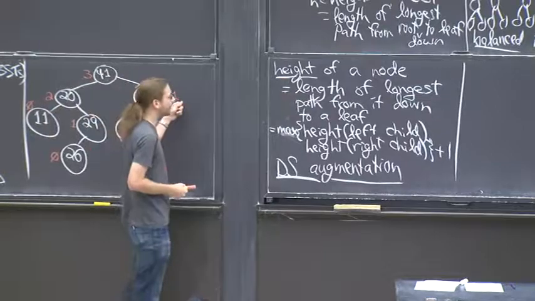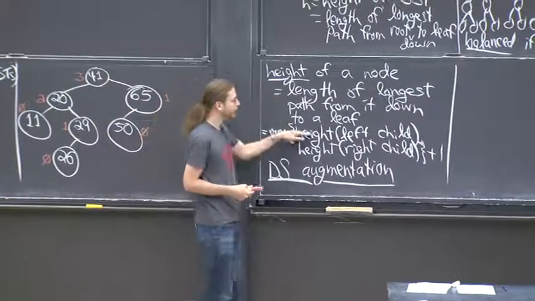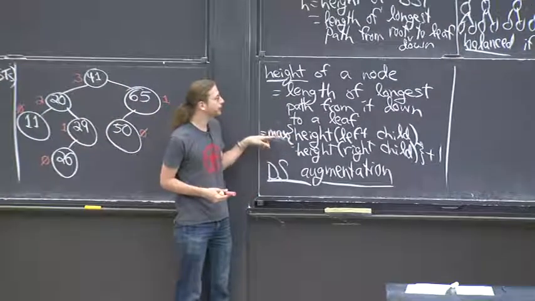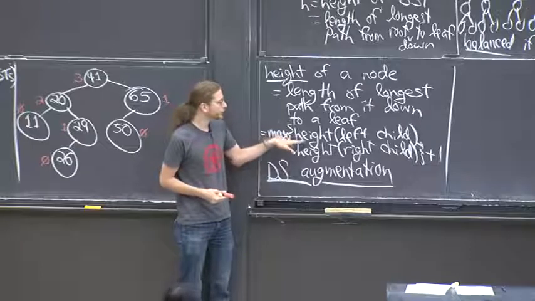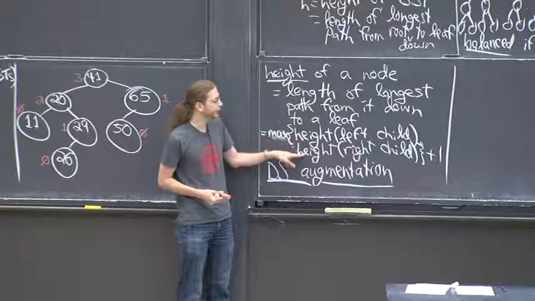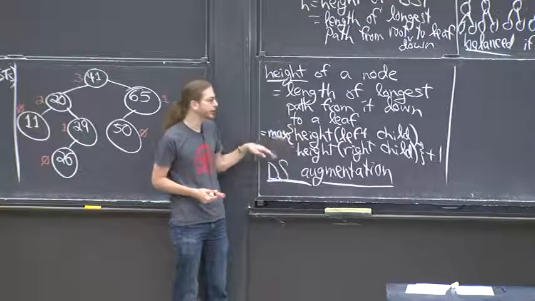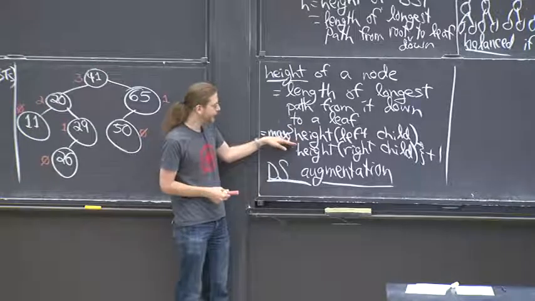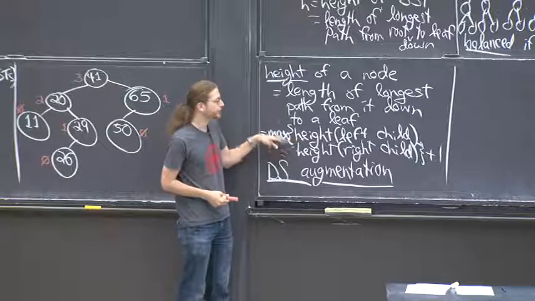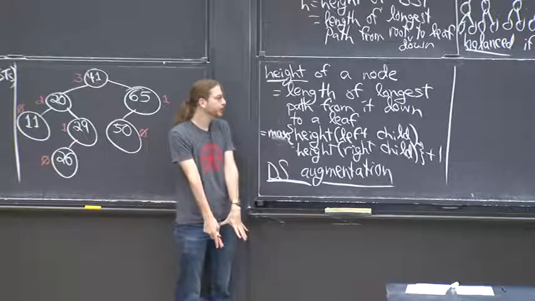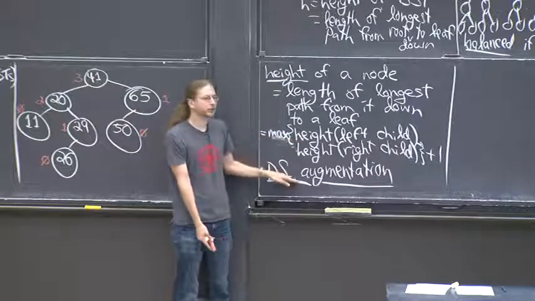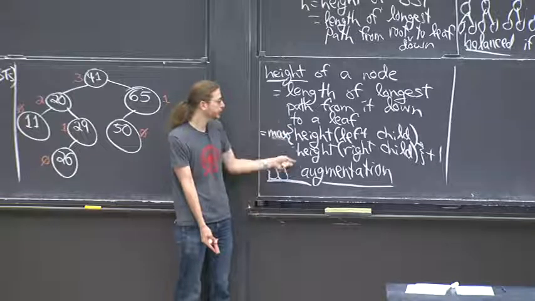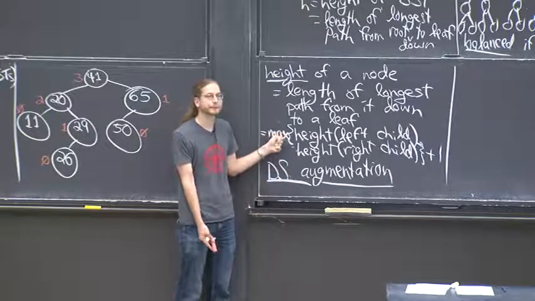Here, I want to store a height field. Because I have this nice local rule that tells me how to compute the height of a node using just local information, the height of its left child and the height of its right child, doing a constant amount of work here, there's a general theorem: whenever you have a nice local formula like this for updating your information in terms of your children, you can maintain it using constant overhead. So we can store the height of every node for free.